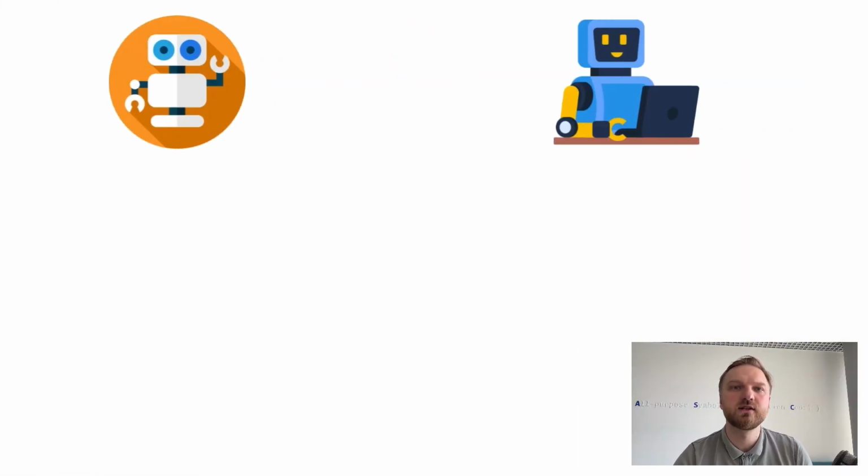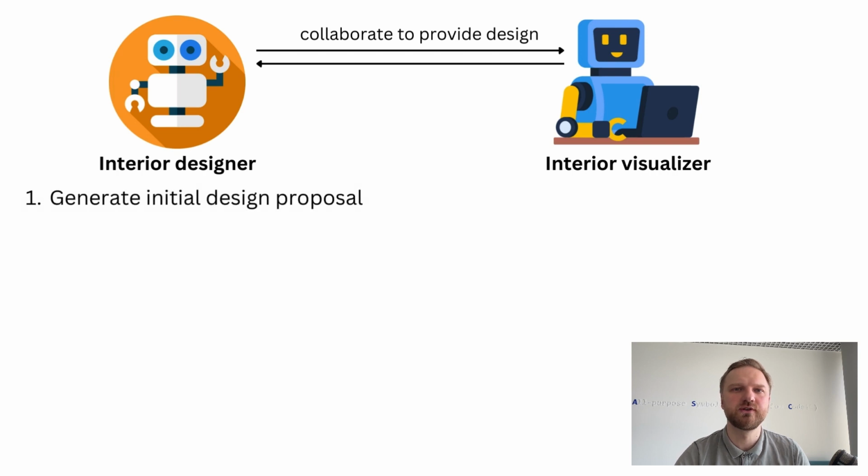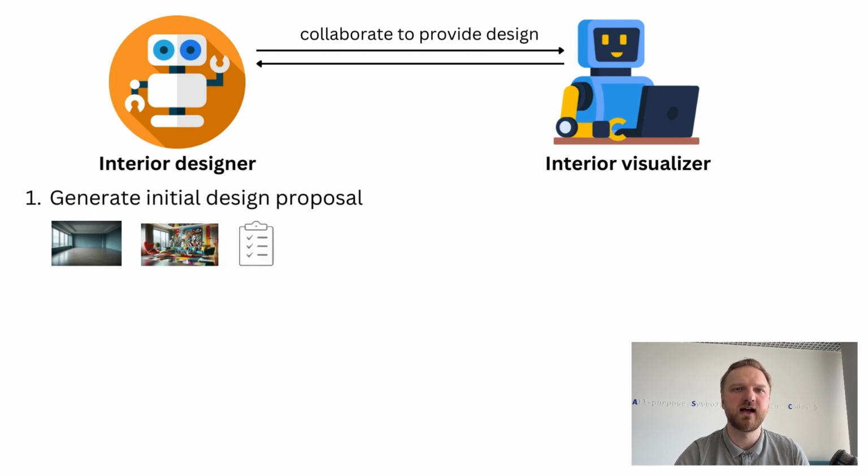Our AI assistant will consist of two main agents, interior designer and interior visualizer. These agents will collaborate with each other in order to provide the client with the best possible interior design. The interior designer agent will be responsible for generating an initial design proposal based on an empty room image, a reference design style image, and specific requirements the client can have.